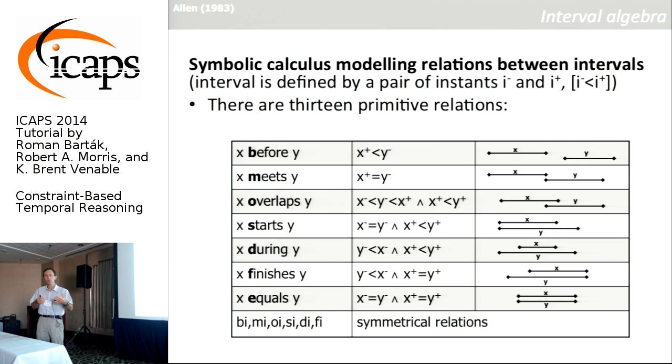But in point algebra, the relations were always between two time points, not between 3 or 4. And that's the difference. So yes, we can convert relations from interval algebra to relations in point algebra, but these relations will be n-ary relations, not just between two time points, right? For example, if you see here, this relation is between 4 time points already.